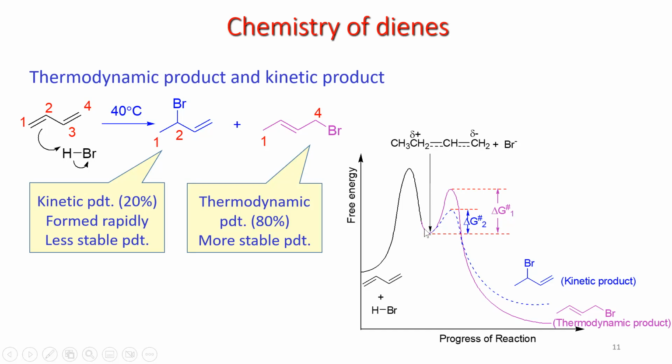When the intermediate has a sufficient amount of activation energy, delta G1, it will undergo this reaction to give you the thermodynamic product. So when you are doing the reaction at 40 degrees centigrade, that energy is sufficient. Enough energy is there to go through this stage, so that you get more of this one, the thermodynamic product, which is the most stable, right?